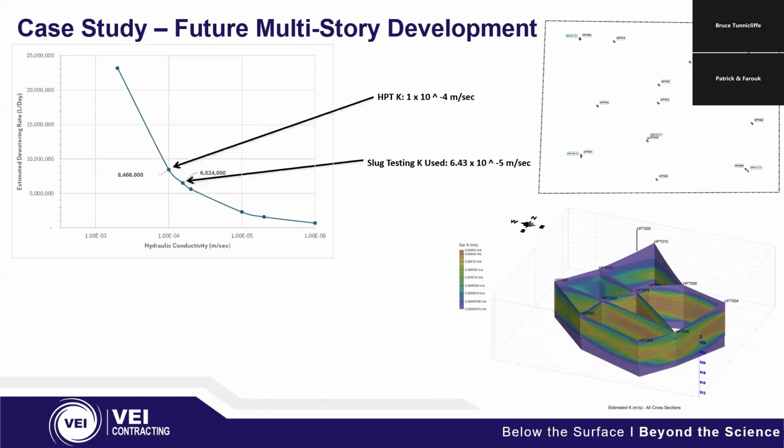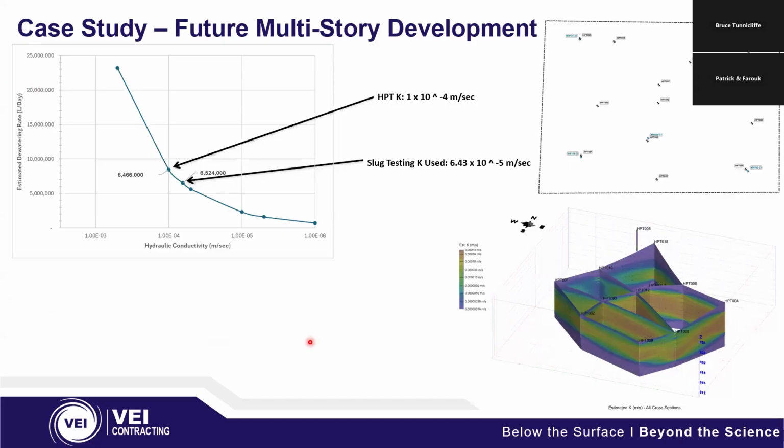So what does that all mean? If we remember the initial thought of this presentation, getting your hydraulic conductivity right really helps bring clarity as to how much estimated dewatering, or Q, you're going to have on the site.